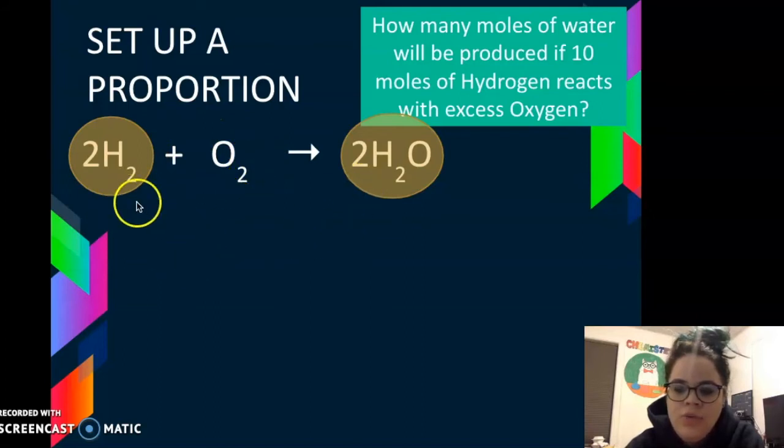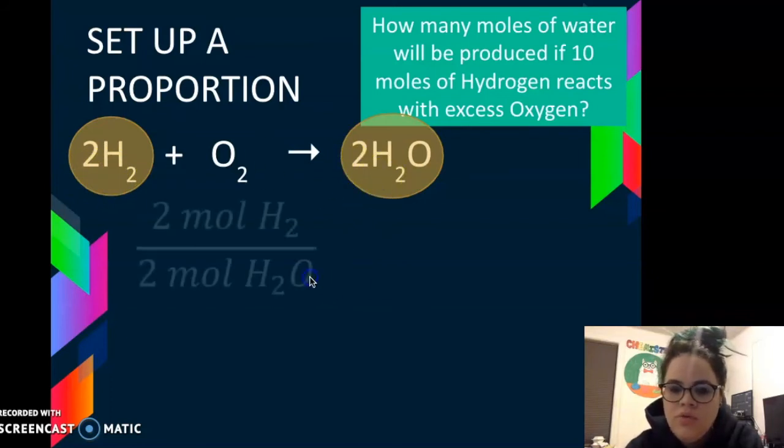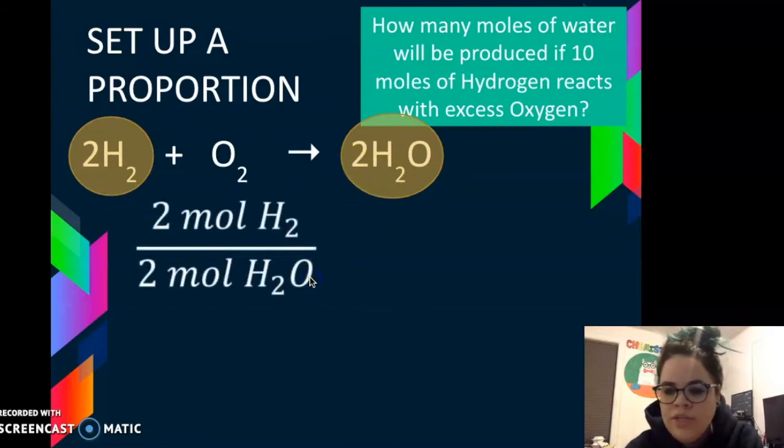Mole ratios, you only ever care about 2 things, and that's very important. And so what I like to do, and what the Regents will ask you to do when they say show a correct numerical setup, is they want you to set up a proportion, knowing that for every 2 moles of hydrogen, you get 2 moles of water. That is the molar ratio between hydrogen and water.